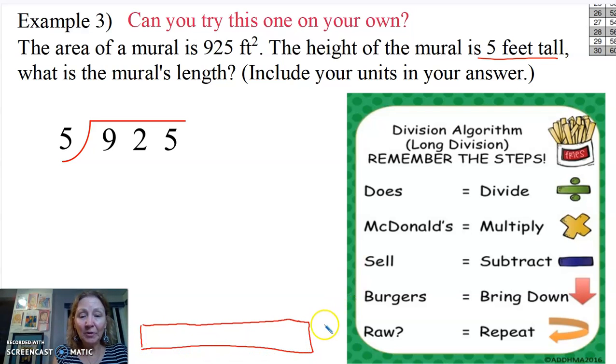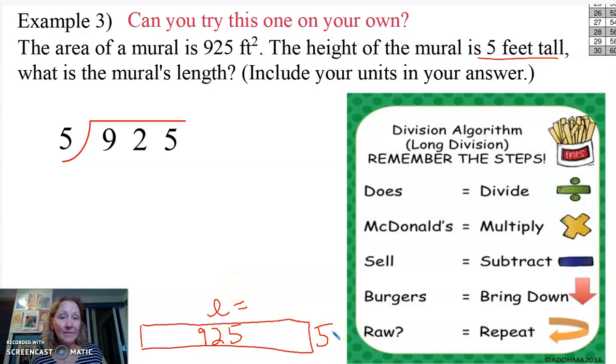This is 5, the height, and the length is unknown. But remember, when you find area, you multiply the length times the width. It's the number of squares inside. So to work backwards, if I don't know what the length equals, I would take the area and divide it by 5. Okay, see what you get. Go ahead and pause the video.